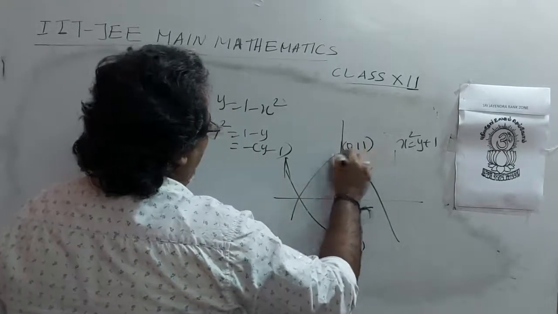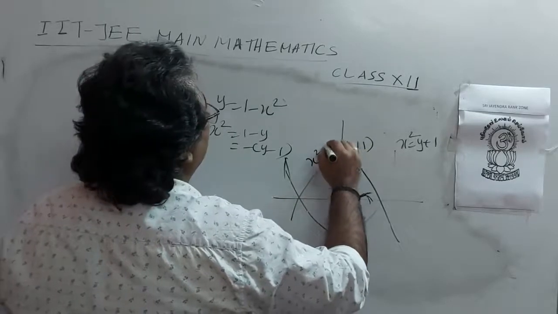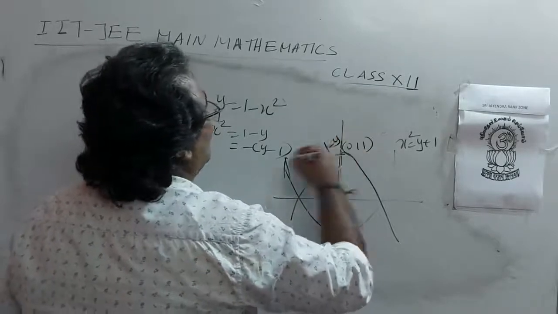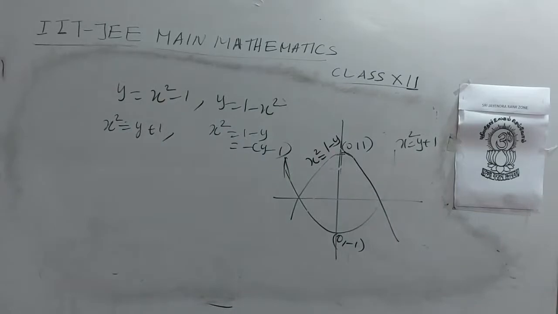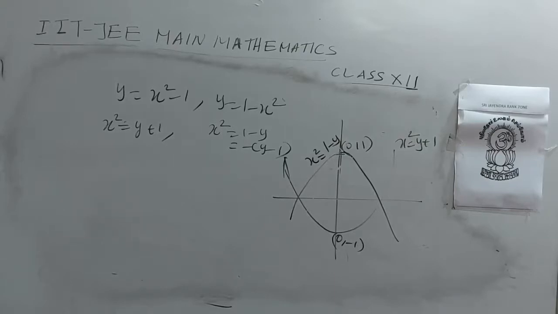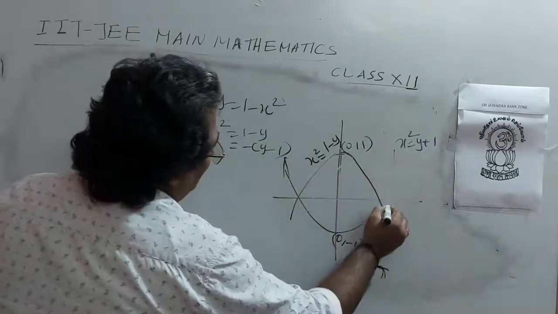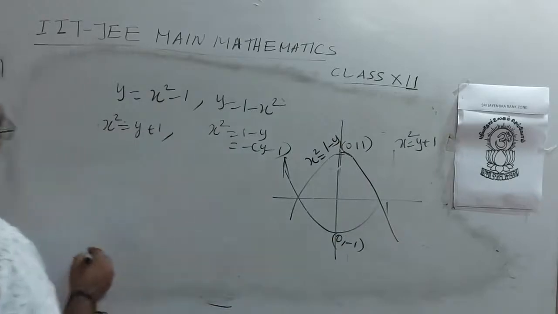And (0, 1), that is x squared equal to 1 minus y. So this is the point (0, 1).